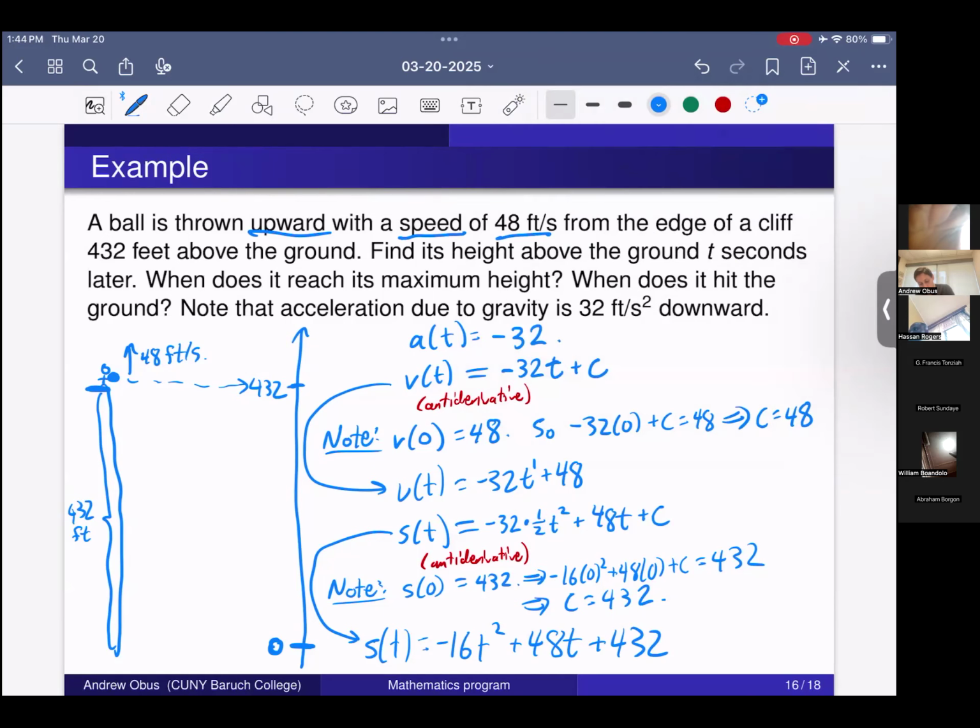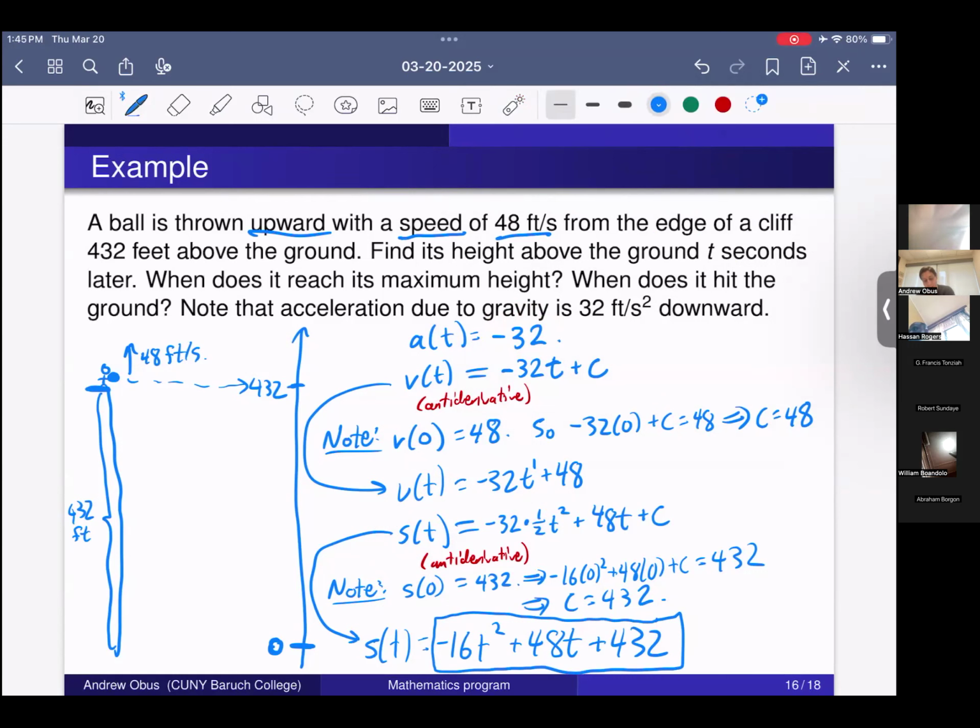Okay, so we used this information about acceleration. All that we knew is that acceleration is negative 32 due to gravity. From taking one antiderivative and using the right one, and then taking a second antiderivative and using the right one there, we ended up with this position function.